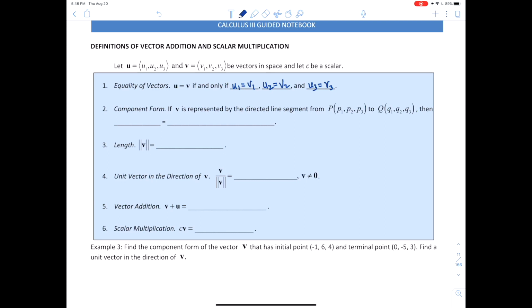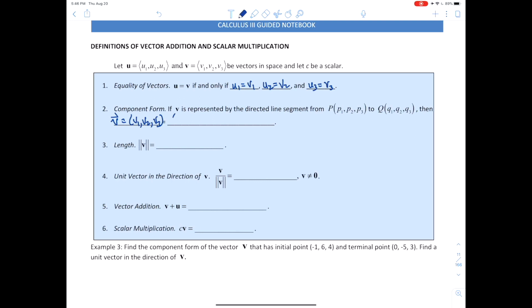Component form. If v is represented by the directed line segment from p, which is p1, p2, p3, to q, q1, q2, q3, then how did we do that before? Well, we want v as v1, v2, v3, but what is that in reality?